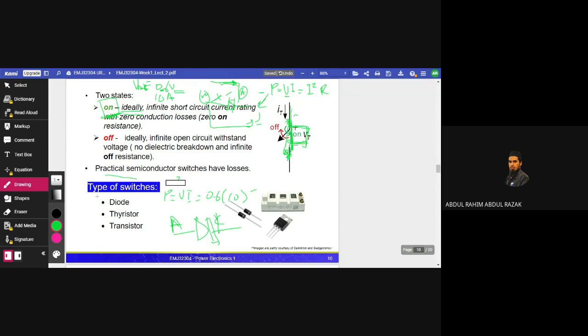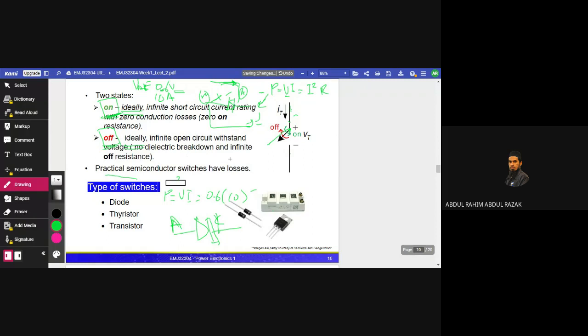If we have an off condition, just now it's on. As of now, we consider there is an open circuit, totally open. For the off condition, the ideal state means the circuit is totally open.